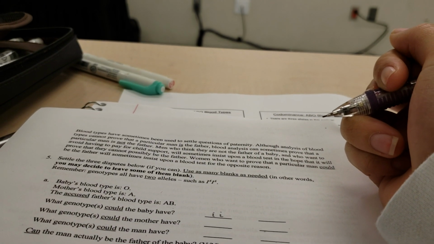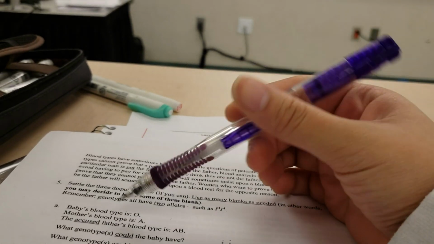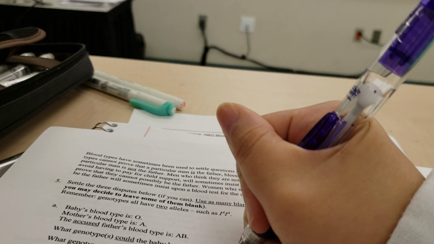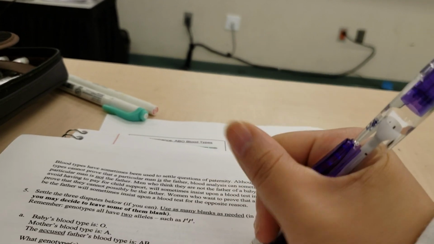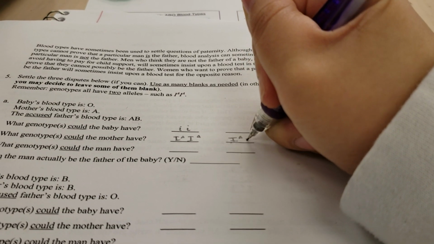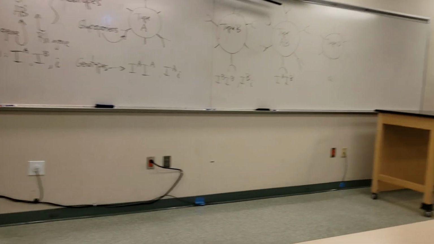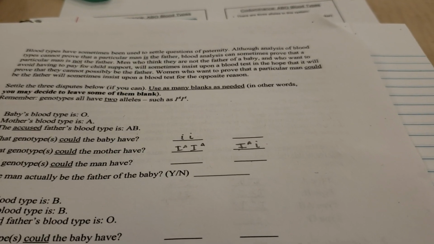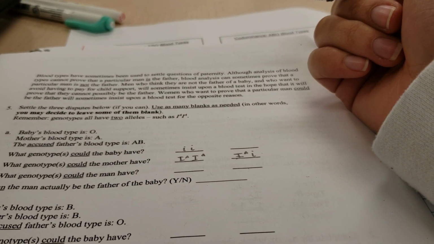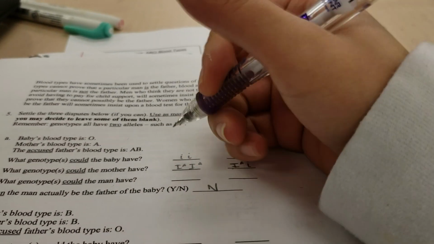The mom is type A, so she can have IA. Oh, the dad? No. He can't be the dad. The dad's just maybe.